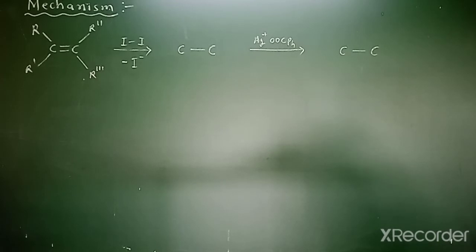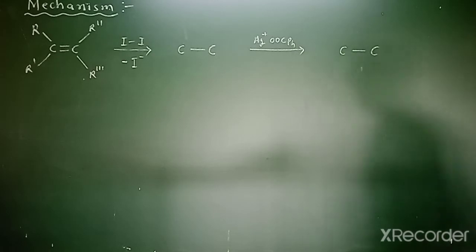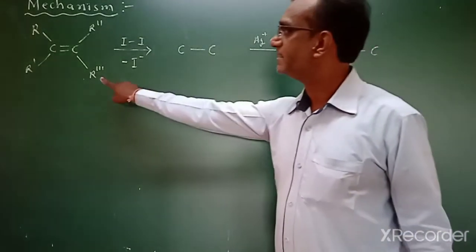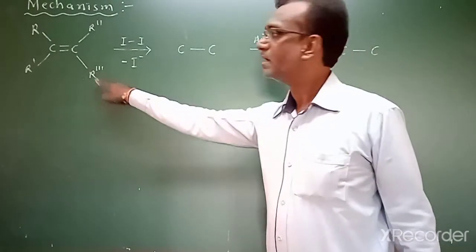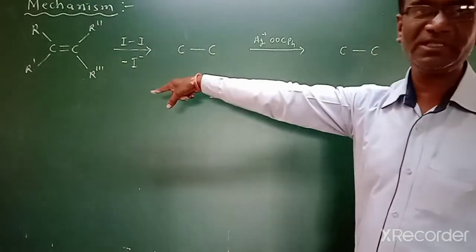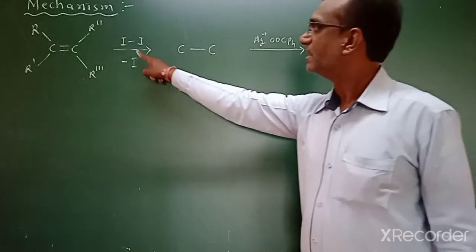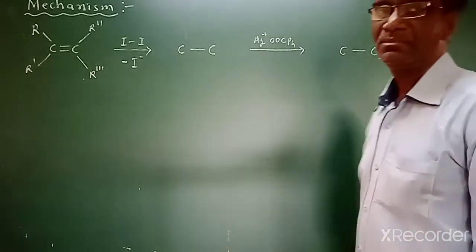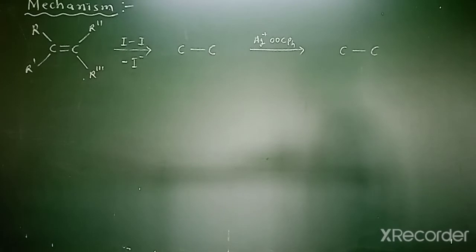Students, now let us see the mechanism of Prevost dihydroxylation. For that, one alkene is written here, carbon-carbon double bond, first carbon with two alkyl groups, second carbon with two alkyl groups. Iodine you can write as I bond I, out of which one of the iodines is given out by breaking the bond between both iodines.